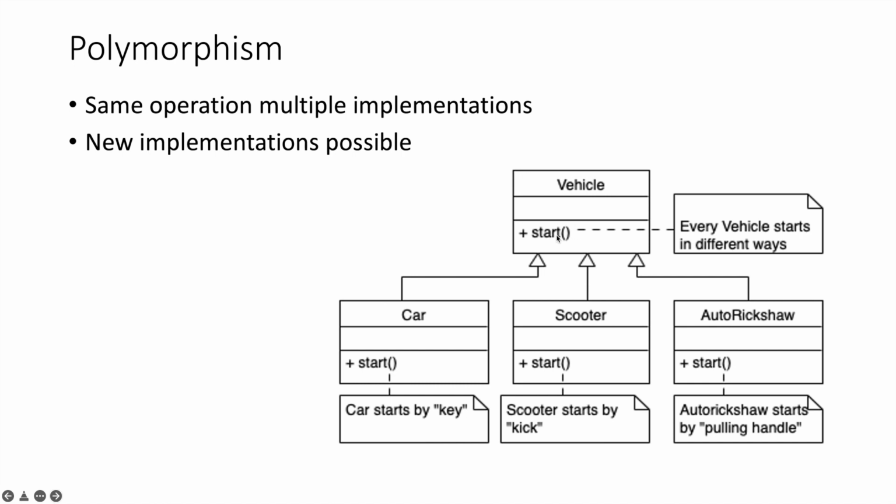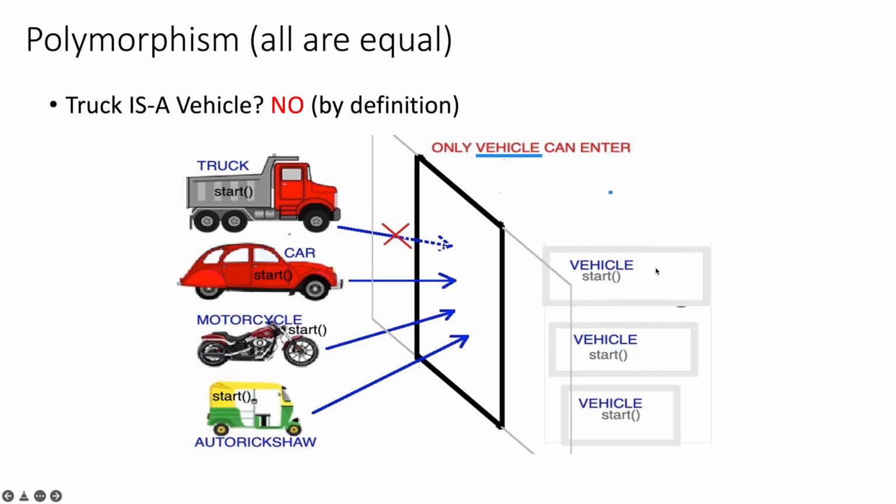Now vehicle start method is this implementation. So whenever, now this vehicle is an instance of a car. Even if it is called as a vehicle, it is an instance of a car. This is an instance of a motorcycle, and this is an instance of an auto rickshaw. So inside this gate, this is a very important concept.